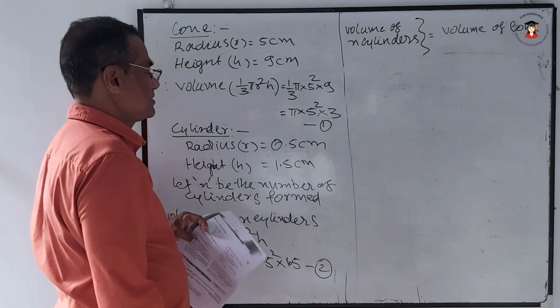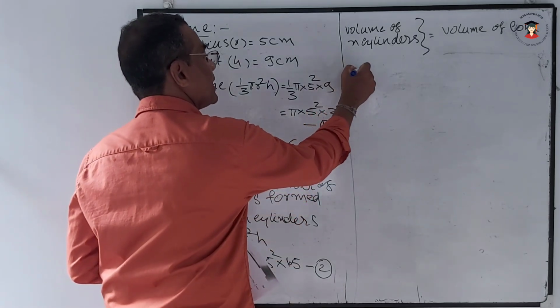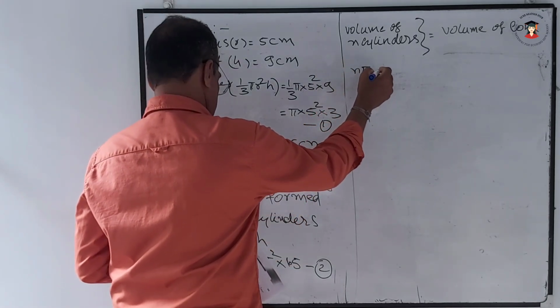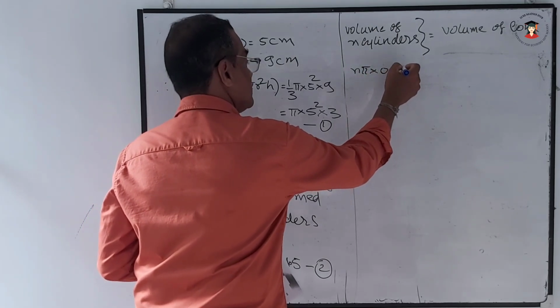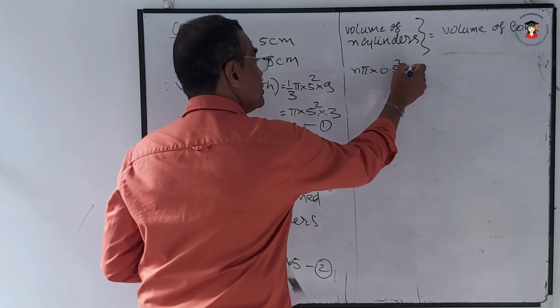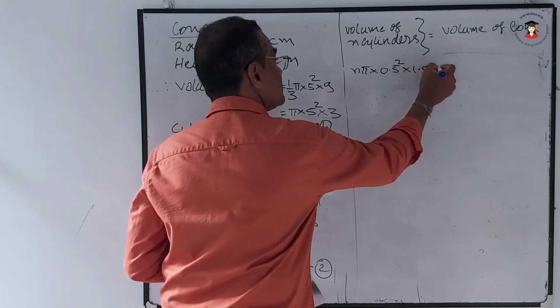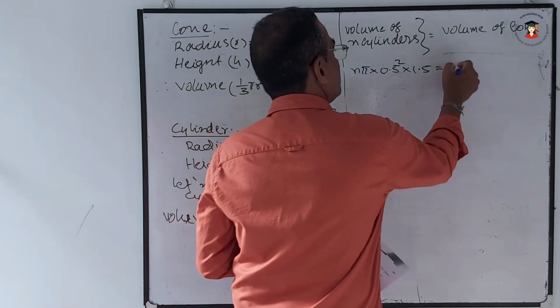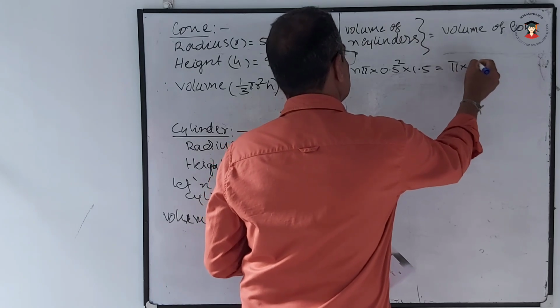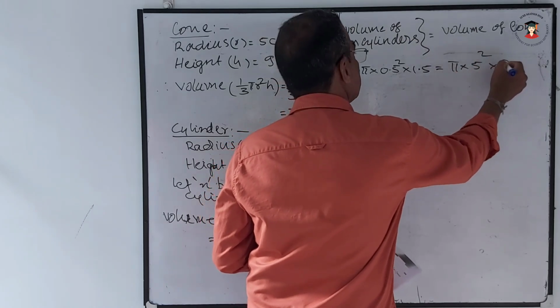Volume of n cylinders, that is n pi into 0.5 square into 1.5, equal to this volume, pi into 5 square into 3.